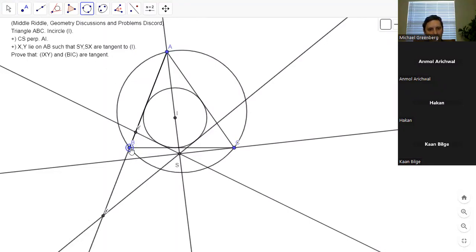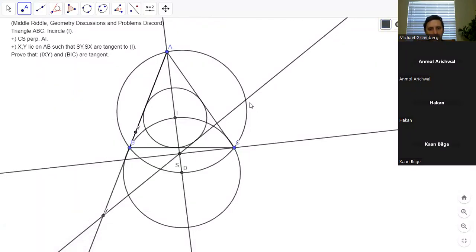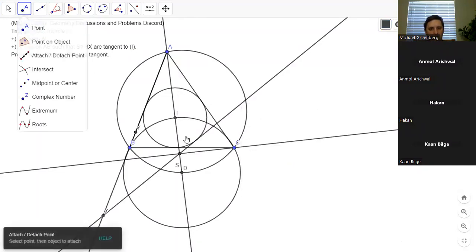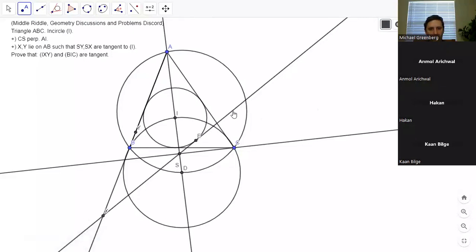So this circle passes through the X center. And here's the center of it, which is the midpoint of the arc. Let me draw this point right here, just so we know it's tangent.